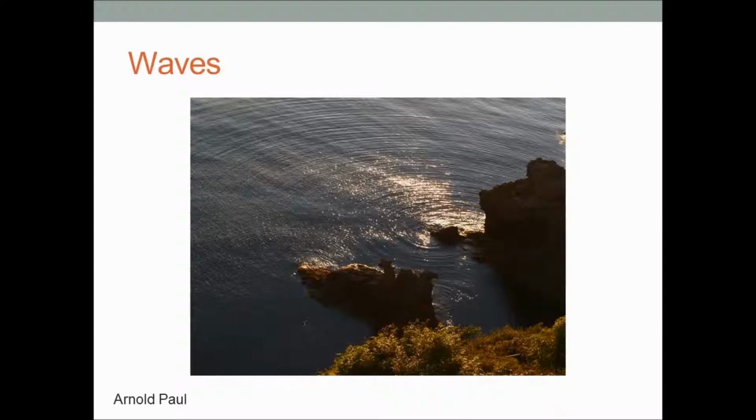For example, in this water wave here, a regular pattern of peaks and troughs, and this is what we call a wave. To characterize a wave, we look at three distinct properties.